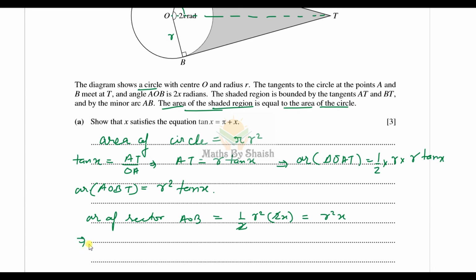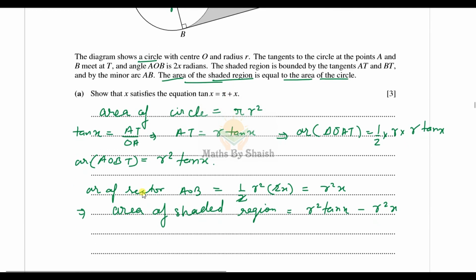Hence the area of the shaded region is going to be the area of AOBT, that is r square tan x, minus the area of the sector, that is r square x. So by the condition we'll get the answer in the next line.